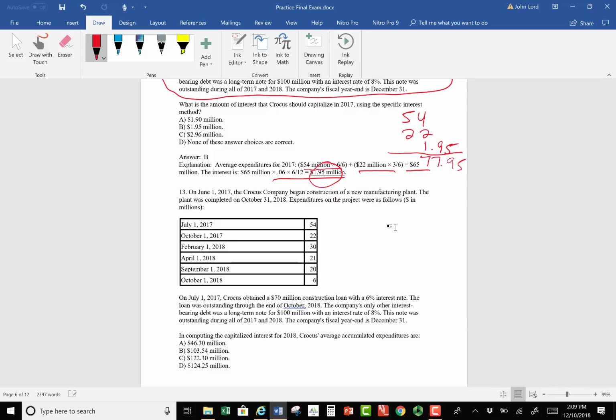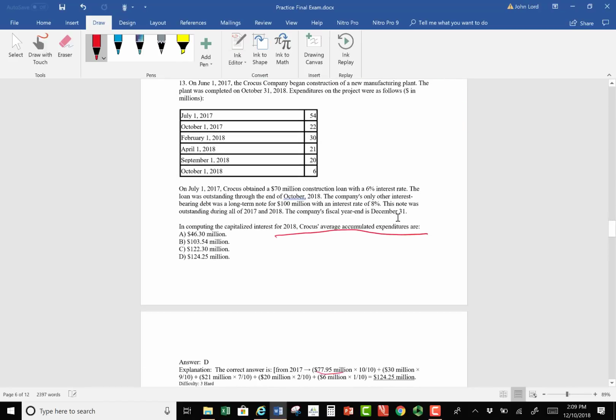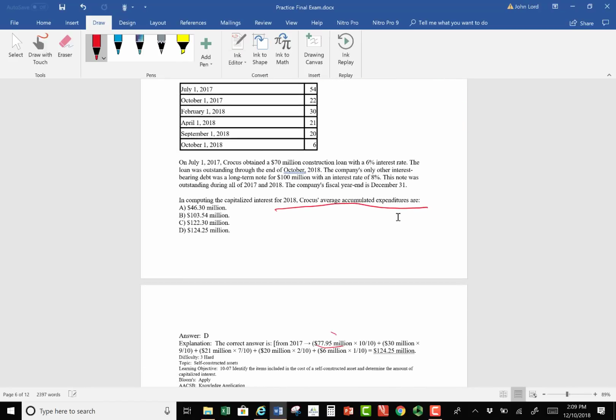Okay, now this is important, guys. When we get into year 2, and they ask me what's the interest to capitalize in 2018, I have to count the amounts that were already spent on this, the expenditures already on this, which is the 77.95.